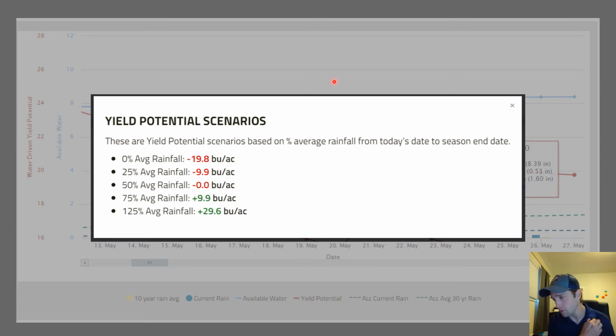I don't remember that yield goal, I think it's maybe 50 bushels an acre. So saying, if you don't get a single drop of rain today, your durum potentially goes 30. If you get a quarter of the average rainfall, your durum potentially goes 40, right? And in this case, there's some pretty good moisture in that soil, which is something we never would have known without this. If you get half of your rain, your durum's going to go 50. That's what these rainfall scenarios are informing us about.